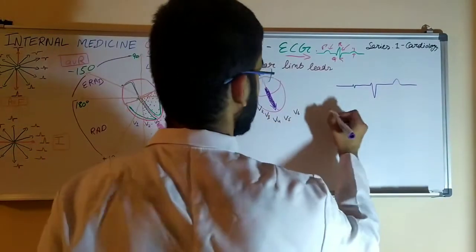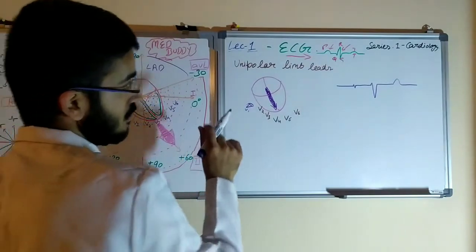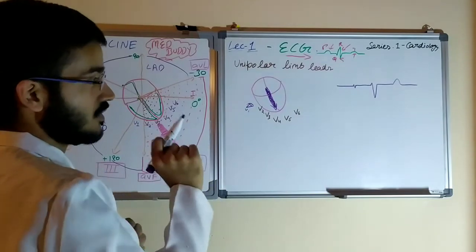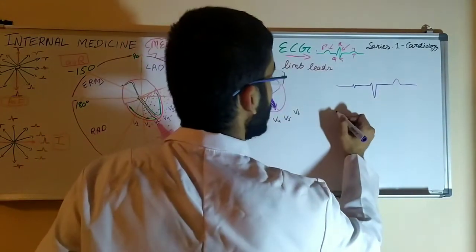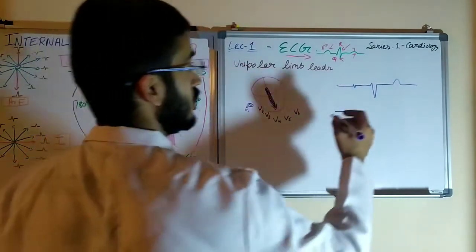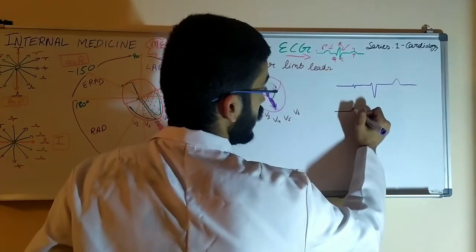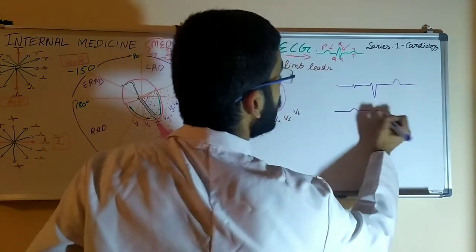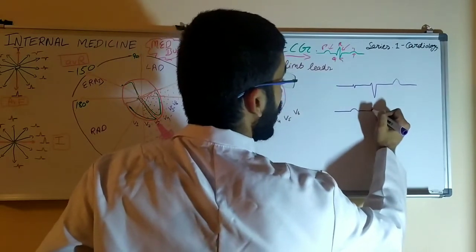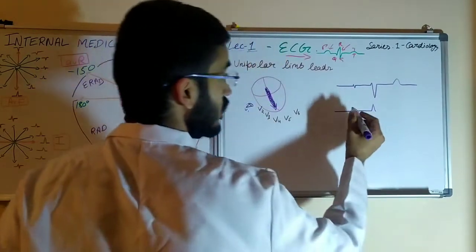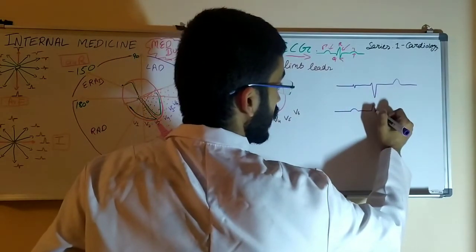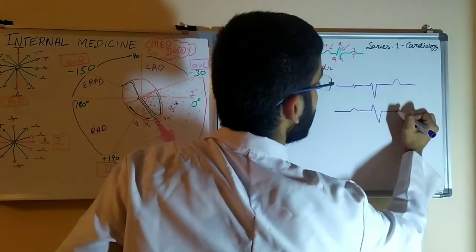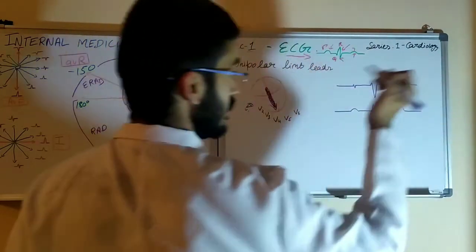Let's talk about the V2 lead. In V2 again, a larger component is away from the lead while a smaller component is towards the lead, but it is quite larger than in V1. So here we are going to see a positive P wave, followed by a little larger positive component and a really big negative component, and a T wave.